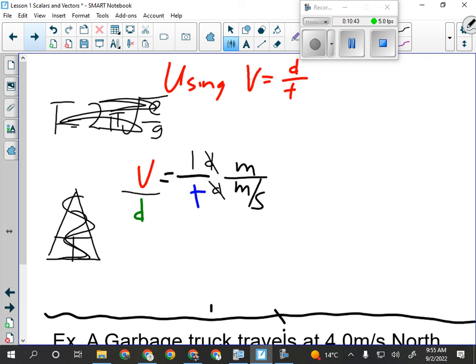But d divided by d is 1. The 1 stays on top. 1 over t is not the same as t, because that's like saying 2 is the same as 1 over 2. And the last time I checked, 1/2 and 2 are not the same number. In the same way, 1 over t and t are not the same number. So we have to be mindful of that.